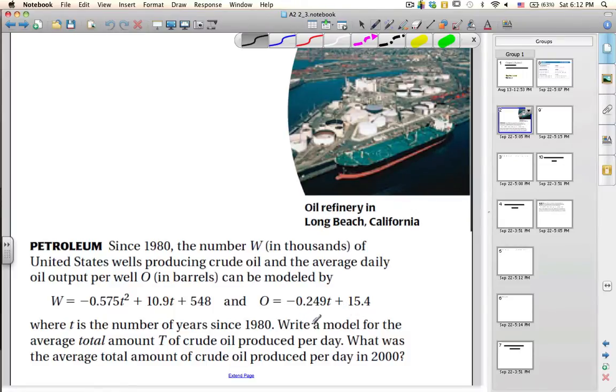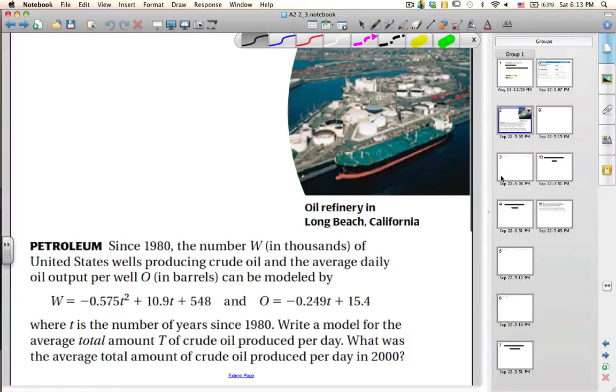By knowing how many wells there are in a specific time times the amount of output, I could find out the total amount of output in the country, right? So we have number of wells, output per well. And then we could go ahead and find this value, which we'll do later in the lesson, for the total amount of crude oil produced per day.